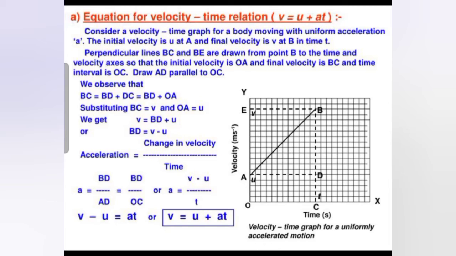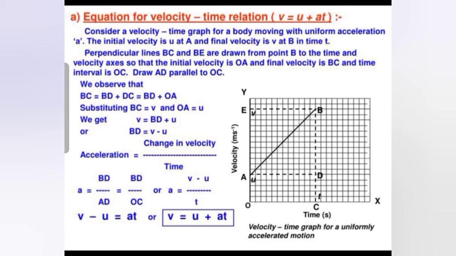Consider the velocity time graph for a body moving with uniform acceleration. The initial velocity is u at A and the final velocity is v at B in time t, as you can see in the figure.